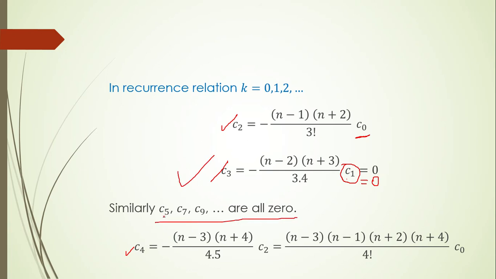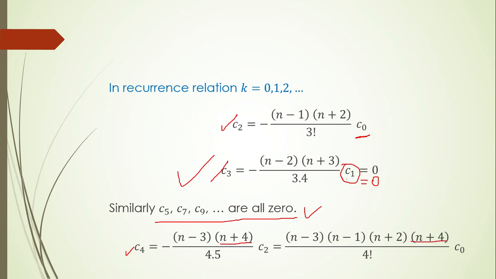c5, c7 and c9 up to infinite all are 0, and c4 is equal to minus (n minus 3) into (n plus 4) upon 4 into 5 into c2.